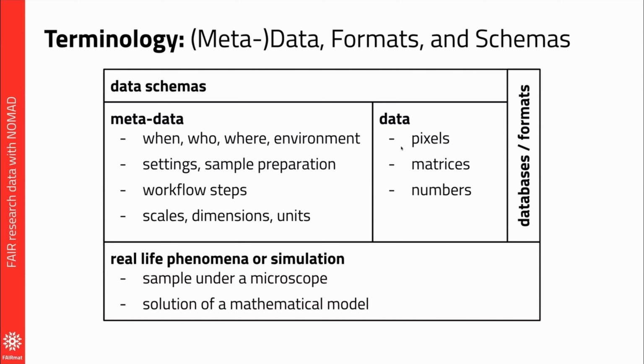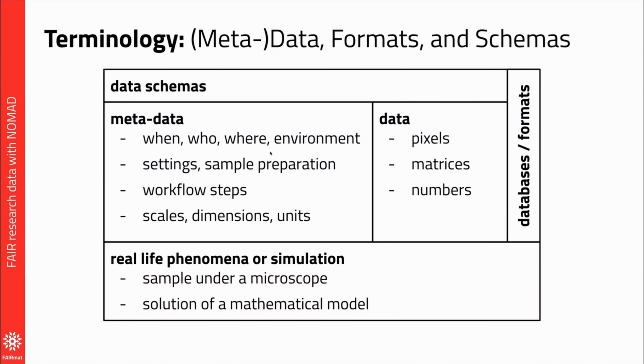And from the perspective of the schema, or from the perspective of processing, writing parsers and whatnot, it doesn't really make a big difference. It's more for us humans to organize the information. But typically, if you think about a microscope picture, we associate the pixels, the raw numbers, with data.